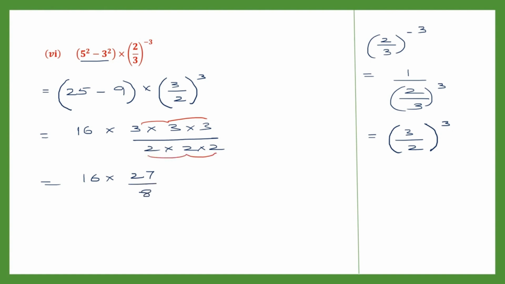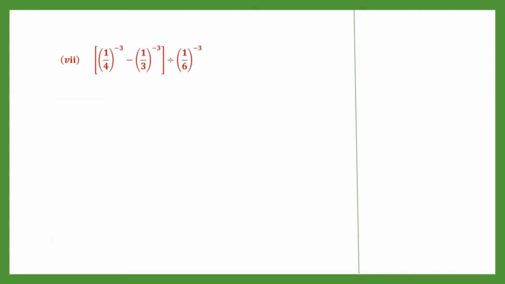Now we can cancel 8 and 16. 8 ones are 8, 8 twos are 16. And now we can multiply the numerators. That is 2 into 27, which is 54. So this is our answer. 54 is the answer to question 6.